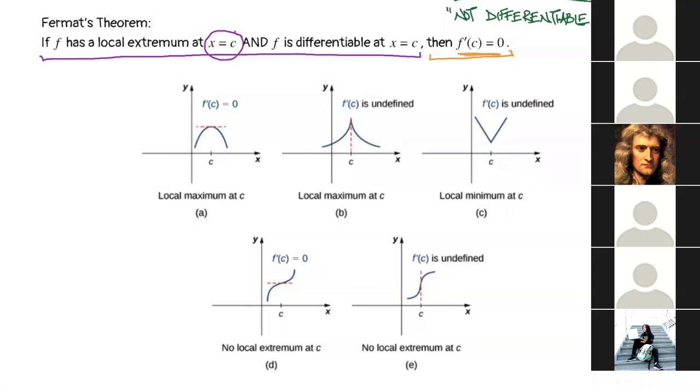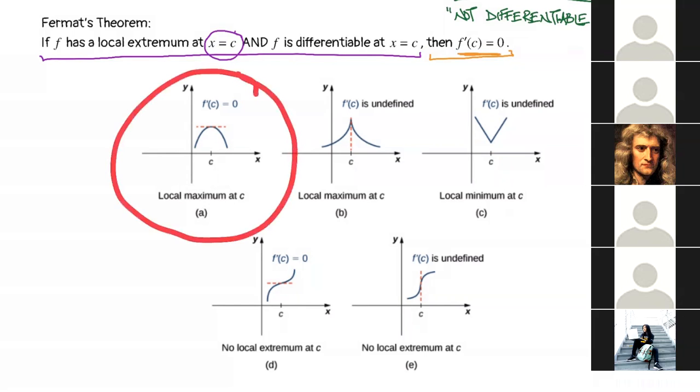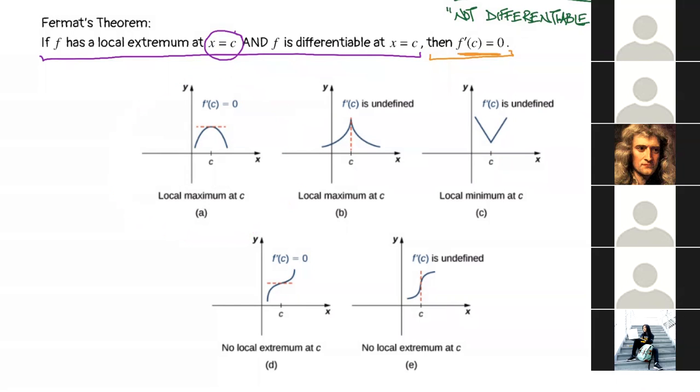So let's unpack what that means in this picture. We've got 5 different pictures to look at. In A over here, local maximum at c, that checks the first box, right? There's a local maximum at c. So this first part of the characteristic, we've got it. Now, is the curve smooth at x equals c?